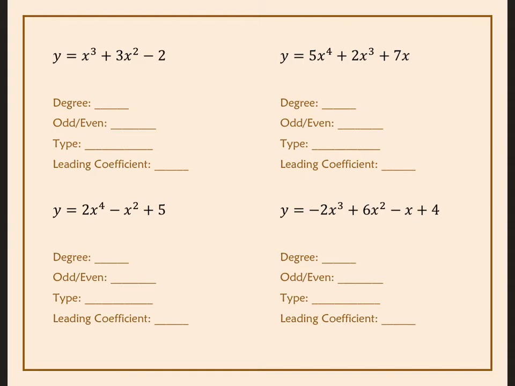So what's the degree? My degree is going to be my highest exponent. So my highest exponent on this first one is going to be 3. Well, is it odd or even? This is odd. This is going to be important for the next section we're going to do. If it's a 3, this is a cubic. And the leading coefficient is a 1, which is a positive number.